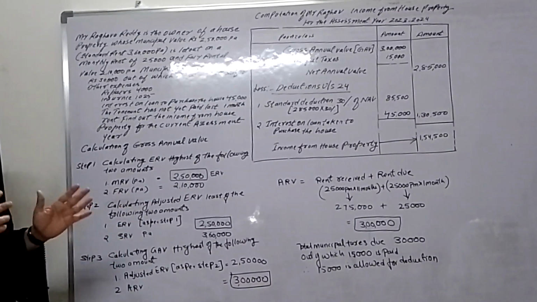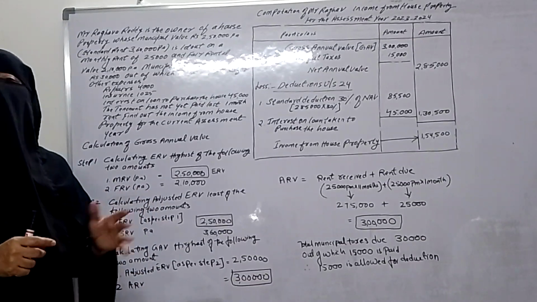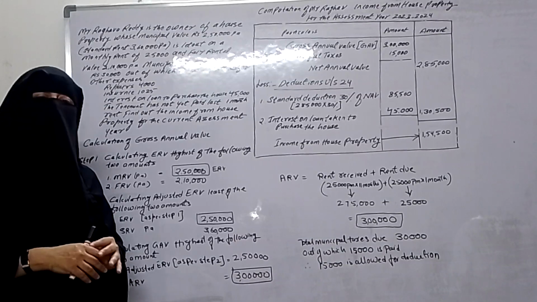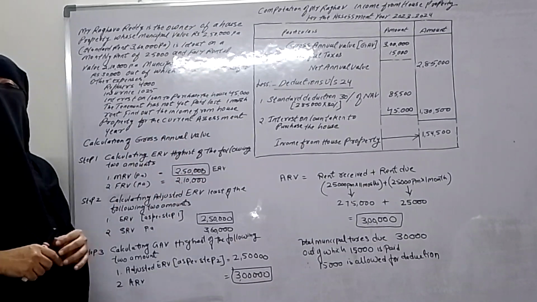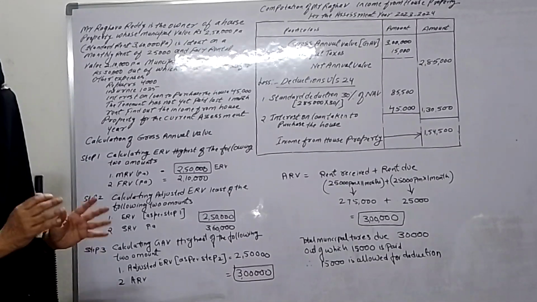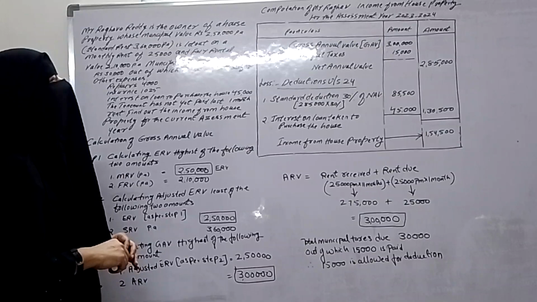That means the assessee received 11 months rent from the tenant and 1 month rent is still due. So that we will see while calculating the ARV, actual rental value. Now before that, first we calculate the gross annual value.